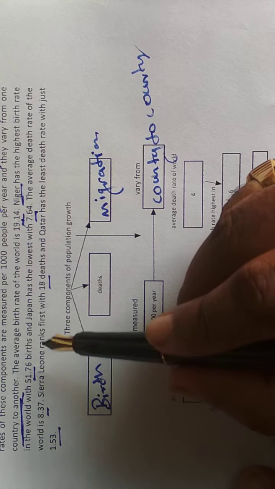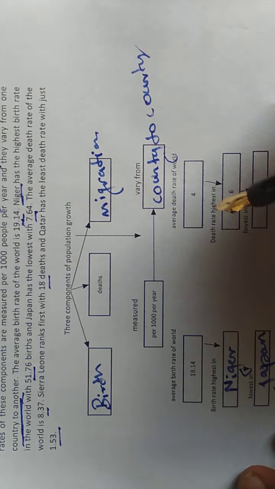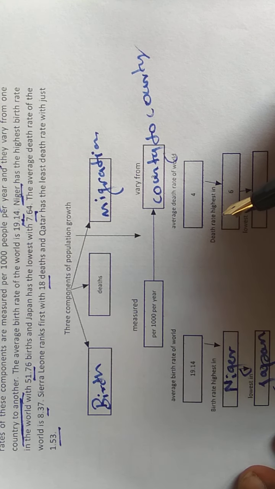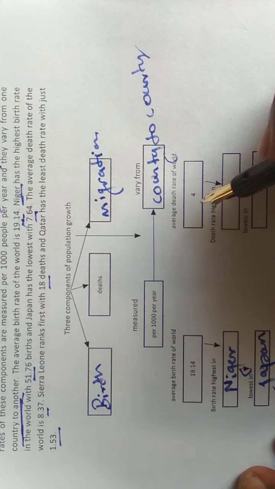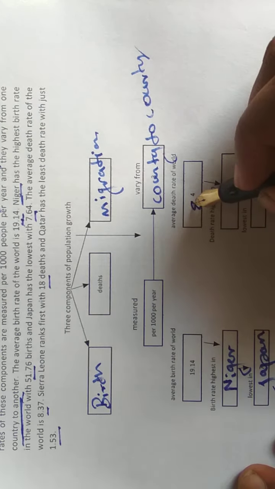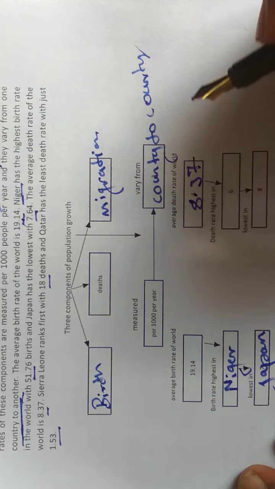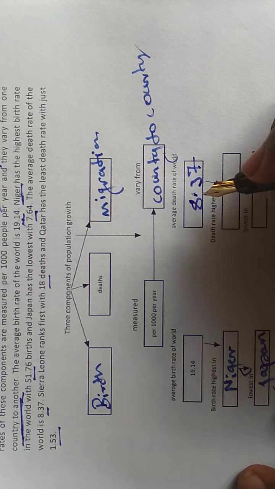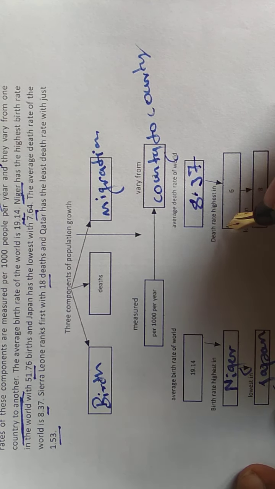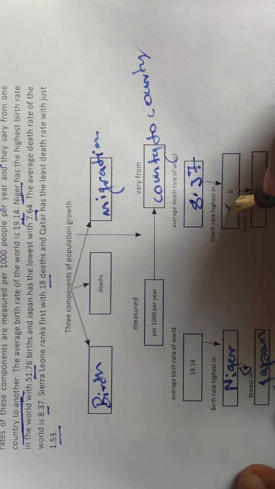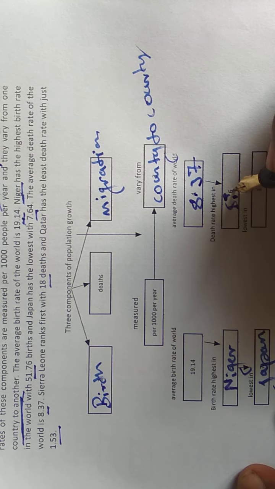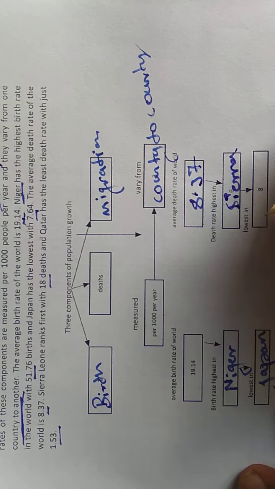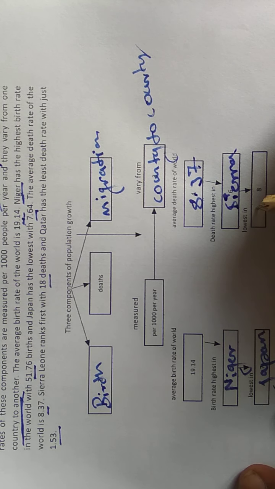What is the average death rate of the world? 7.64. Wait, I just got confused. 8.37. Average death rate of the world is 8.37. And Sierra Leone ranks first with 18 deaths. The highest is Sierra Leone, and lowest is Qatar.